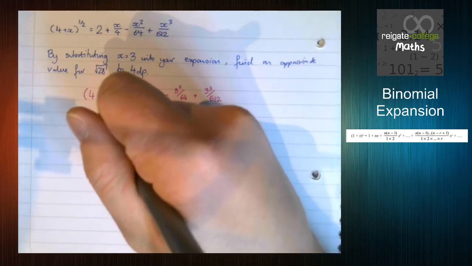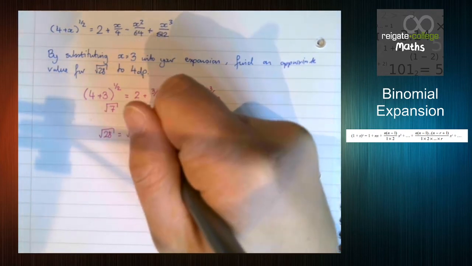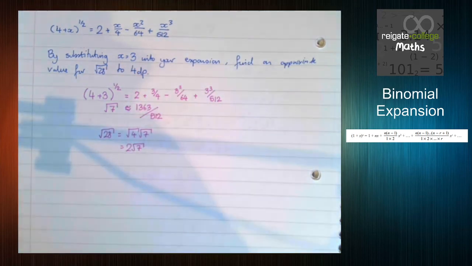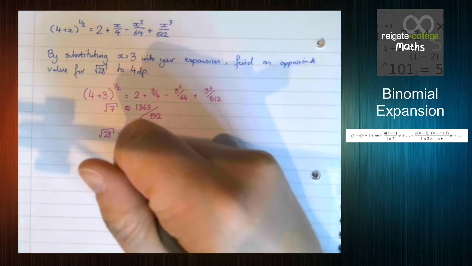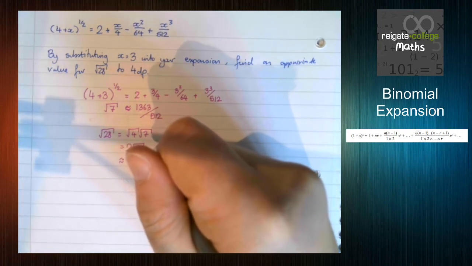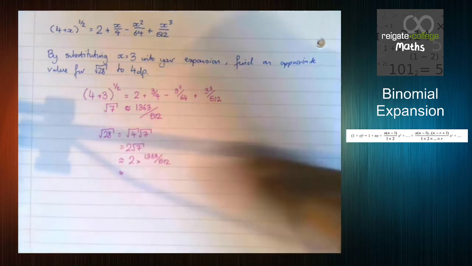So root 28 is root 4 times root 7. So this is 2 root 7, which is going to be approximately equal to 2 times the number we just got. So it's not exactly the same as that.